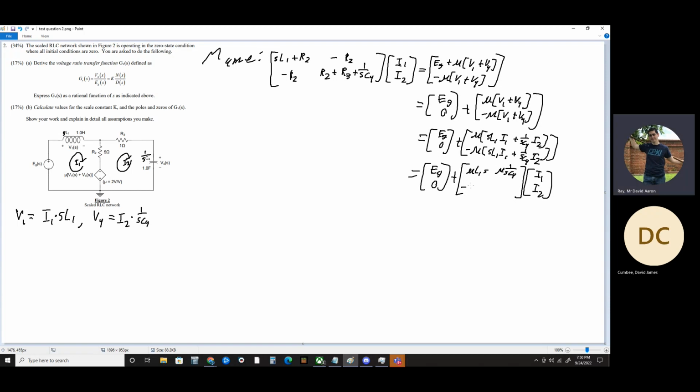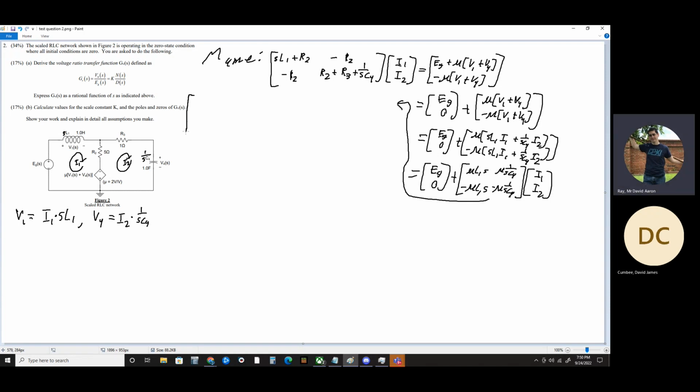Now at the bottom, it's just going to be negative for all those components, UL1, S, and then negative mu 1 over SC4. Now we gotta move it to the left.